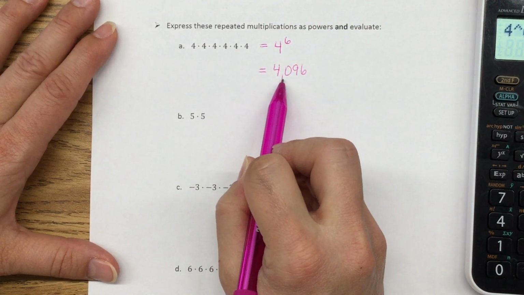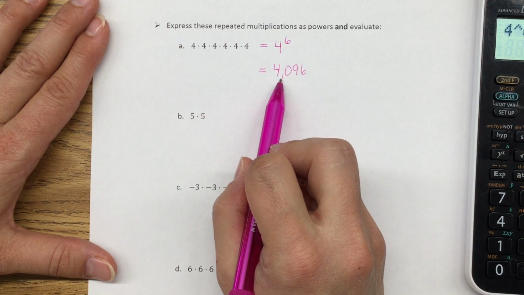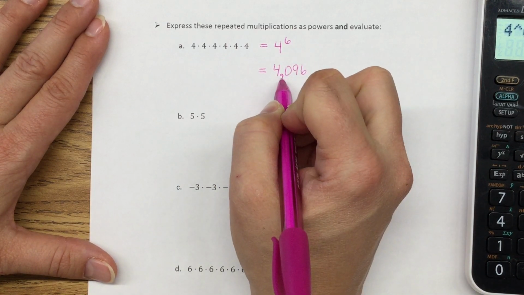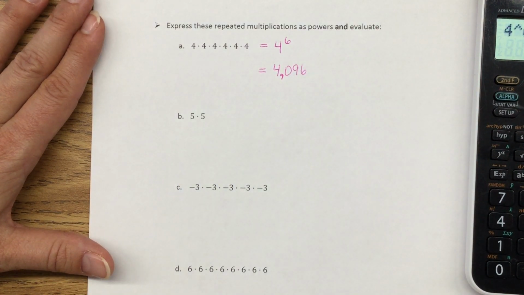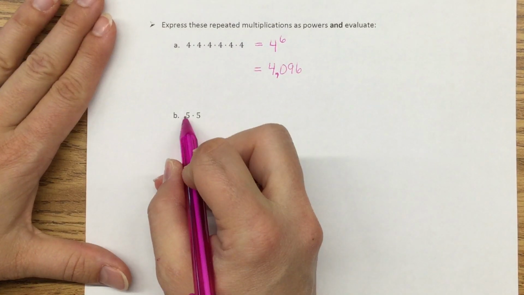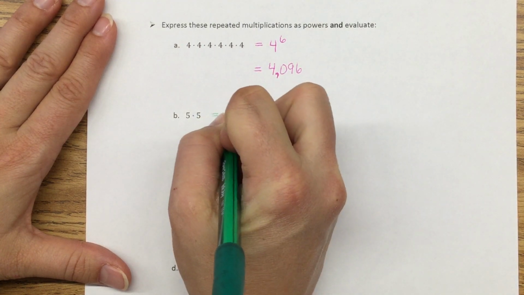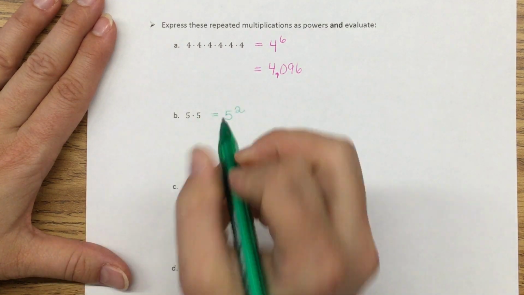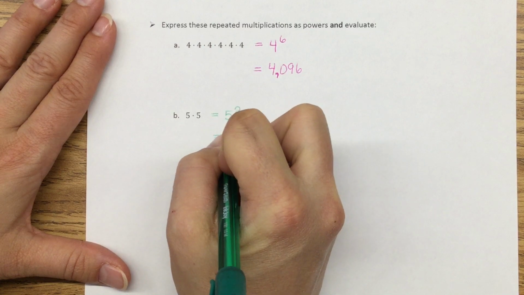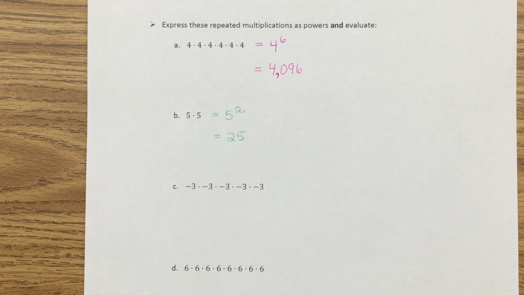Let's either leave a definite space for thousands, or let's add a comma, so we can clearly see our place values. Next one, 5 times 5, so that's the same as saying 5 squared, that's our power, and 5 squared is 25.